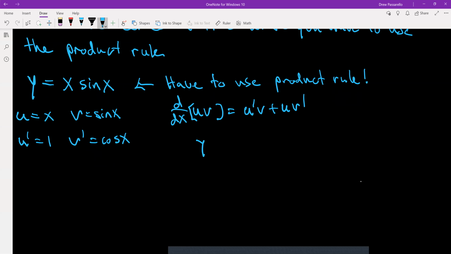Let y prime equal u prime times v. Well, u prime is 1, so it's 1 times v, which is sine x. Then plus u times v prime. Well, u is x and v prime is cosine x. So y prime equals sine x plus x times cosine x.